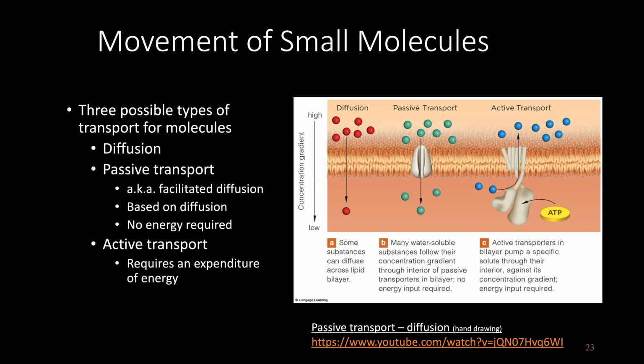Active transport on the right is transport against a concentration gradient. And that requires energy, usually in the form of ATP. So you see here, the blue balls are at low concentration inside the cell.